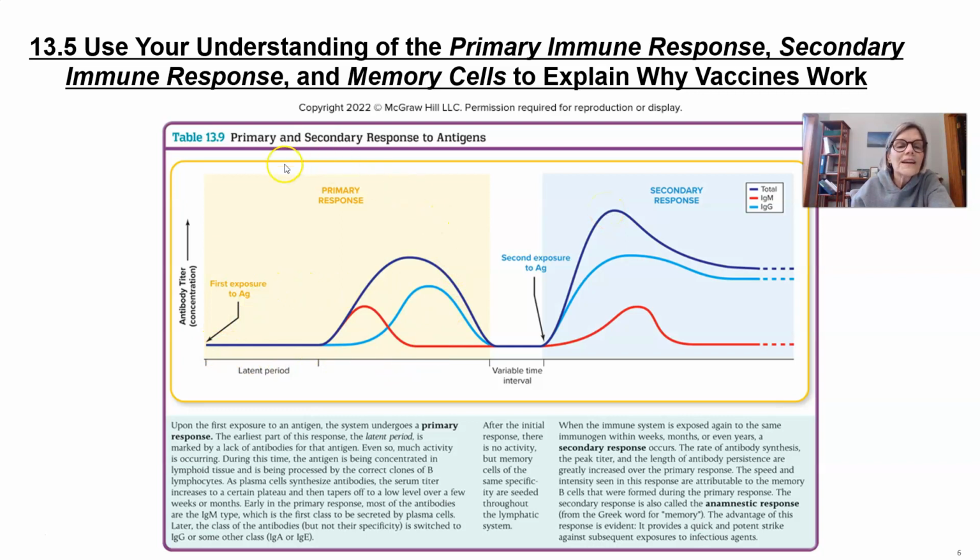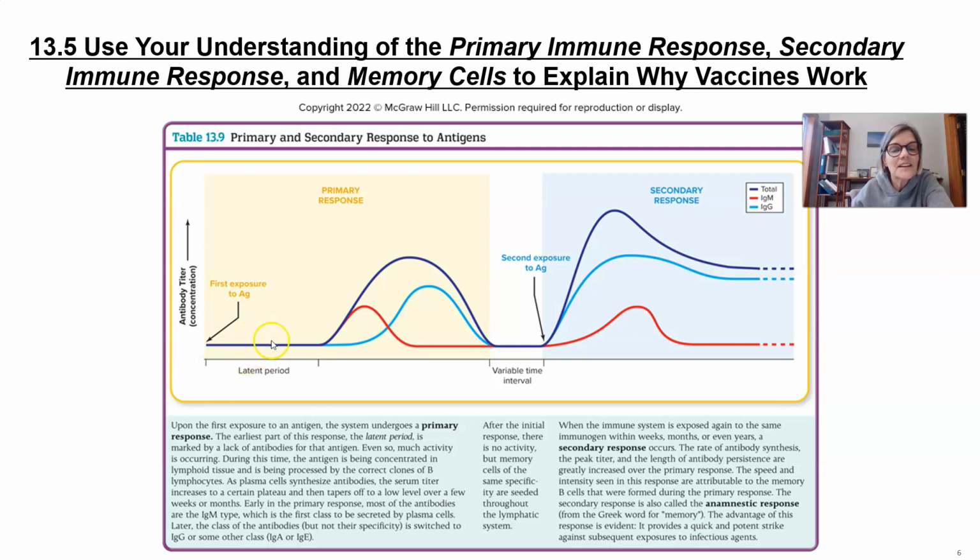So you're more likely to get sick from a pathogen the very first time your body's exposed to it. And that's because you've got this latent period. You've been exposed to this pathogen, but your body's not making antibodies yet.